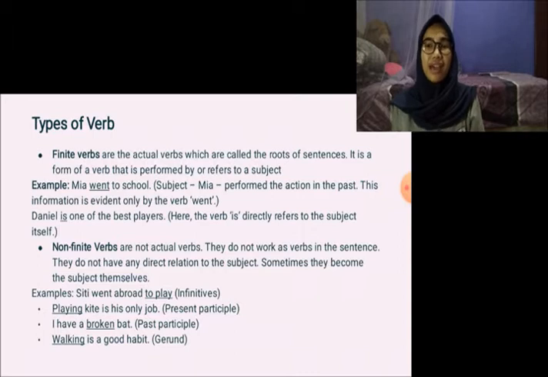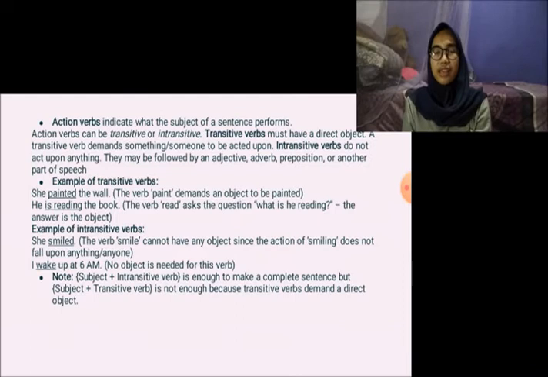And "I have a broken bat." So broken is a past participle in the sentence. "Walking is a good habit." Walking in the sentence is a gerund. So non-finite verbs are not actual verbs.